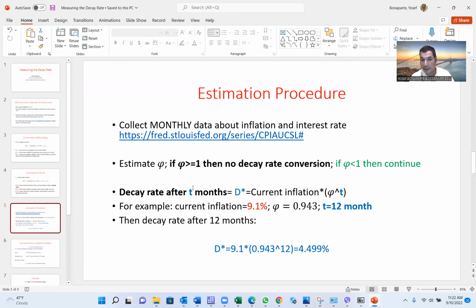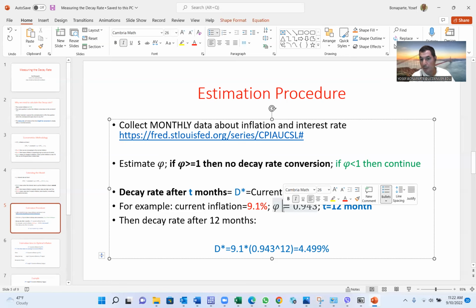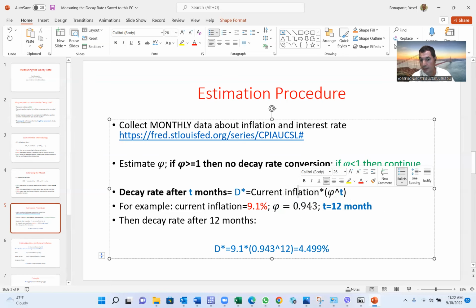Then the decay rate: for T months, the duration for inflation, like how many months to go down to 2%, D star equals current inflation multiplied by theta to the power T. For example, the current inflation is 9.1. Suppose theta is 0.94.